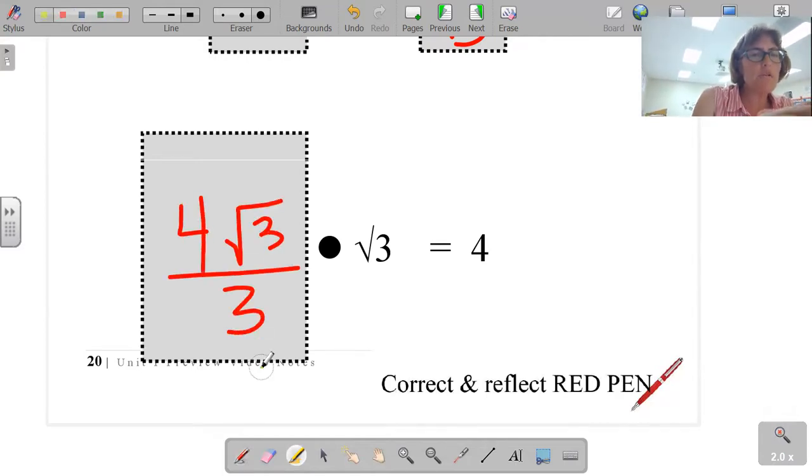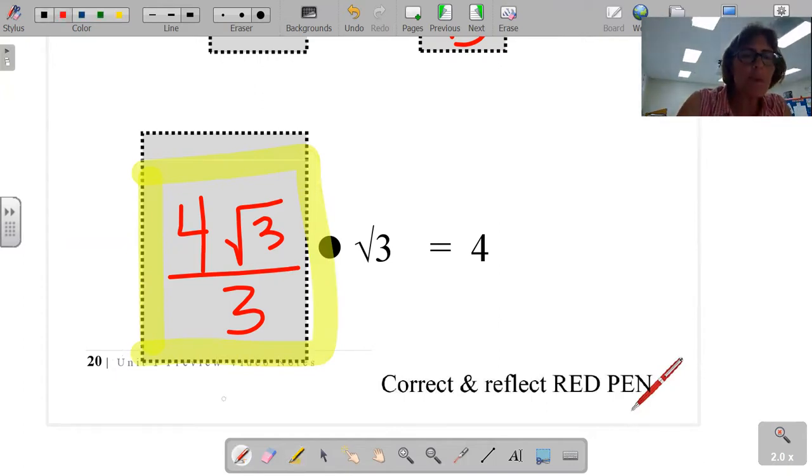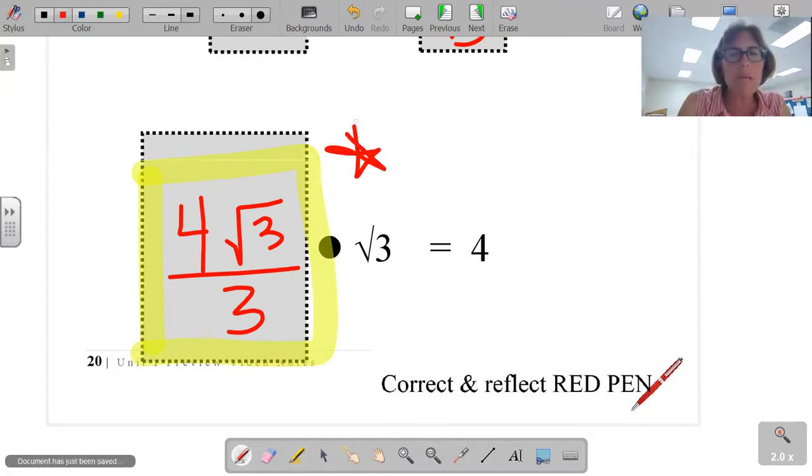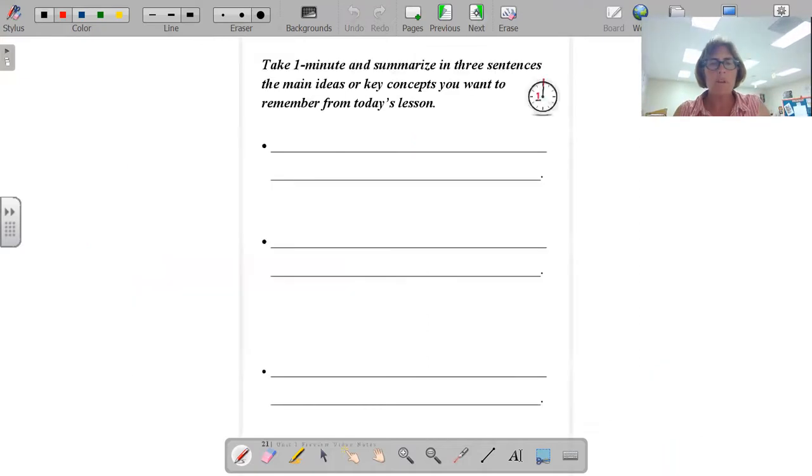The complete answer for this is 4 root 3 over 3. Ta-da! Correct your work. When you get it correct, big star smiley. Woohoo! I'm amazing. That is so wonderful. Didn't get it right? Perfectly okay. Write down, what are you going to remember next time? Take about 1 minute, friends. Summarize, what are the 3 main things you remember from today's lesson? Do this on your own.